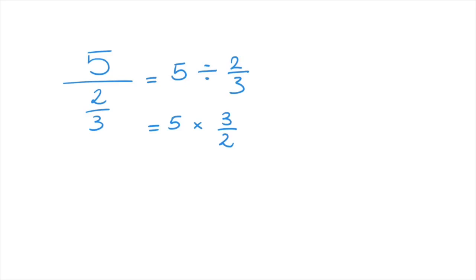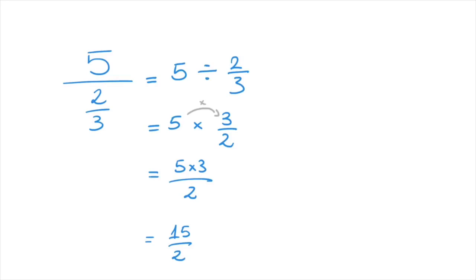To calculate this, all we have to do is multiply the numerator by that whole number. So we can write that this equals 5 times 3 over 2. Finally, calculating the numerator, we find that this equals 5 times 3, which is 15, over 2. And we're done. We've just calculated 5 over 2 over 3.